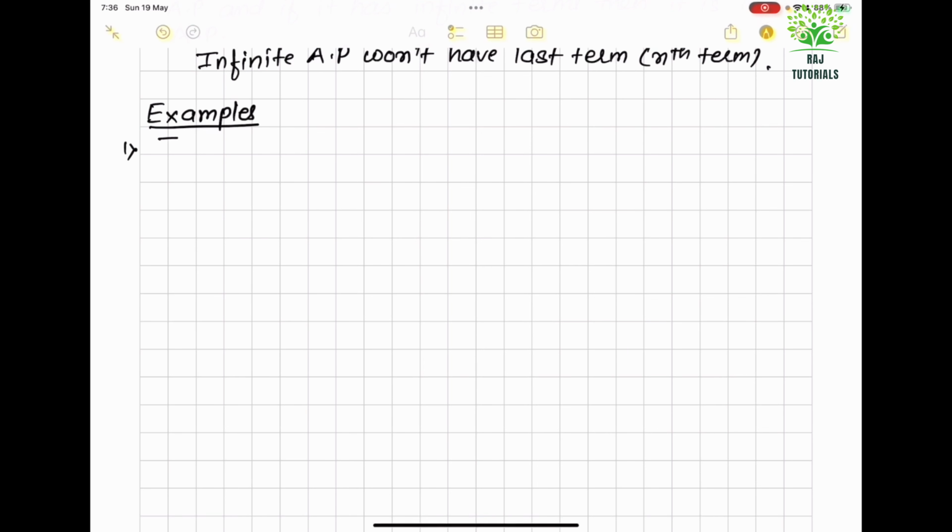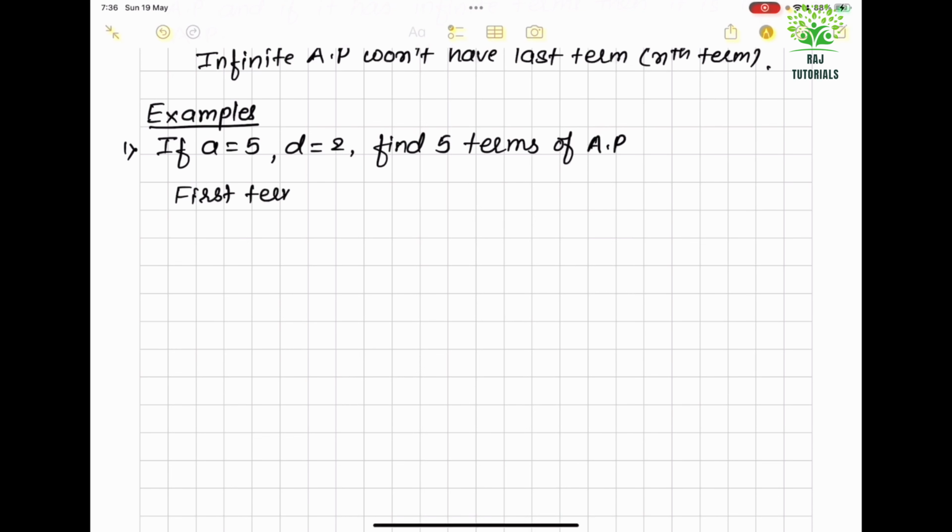Now suppose I am given A equal to 5, D equal to 2, find 5 terms of the AP. So see, what was the AP? The general form A, A plus D, A plus 2D, A plus 3D, A plus 4D. So here the first term will be A, that is 5.